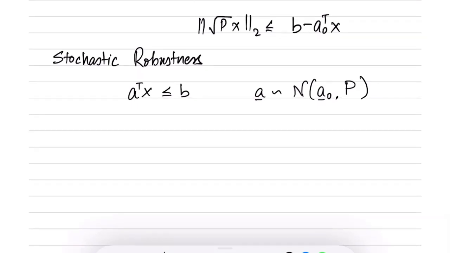Then if we assume this, what is the distribution of A transpose X? You can observe that A transpose X is also normally distributed. What is the mean of A transpose X?